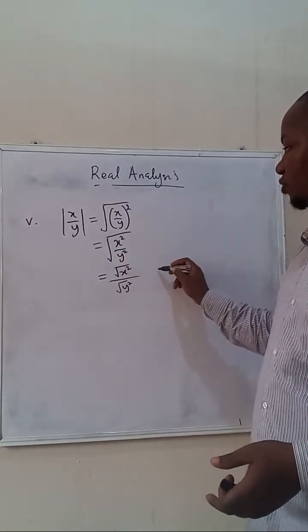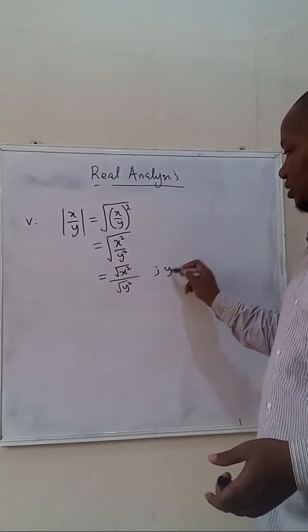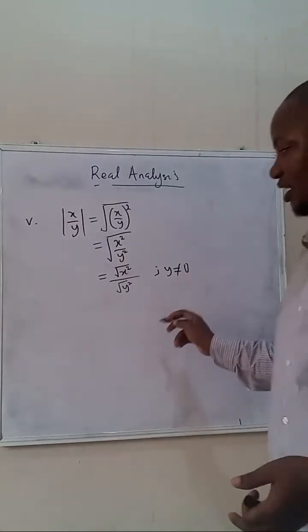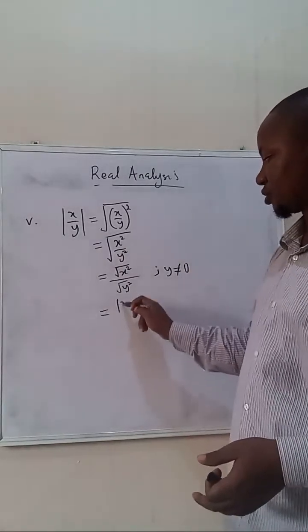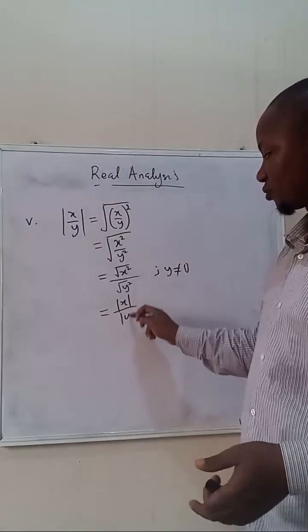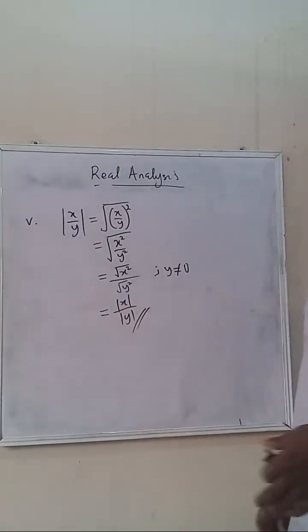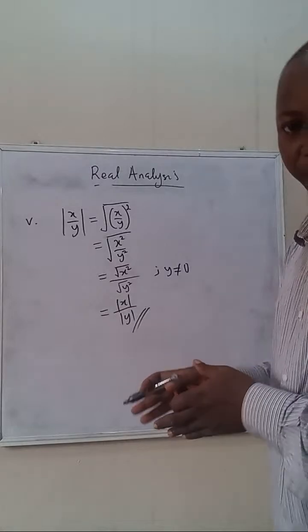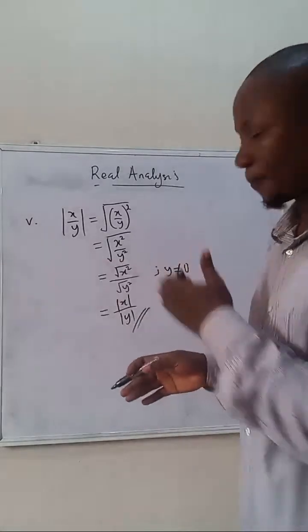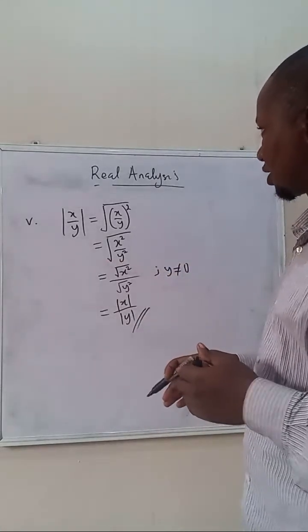But this must come with the property that y is not 0. I think we have said that earlier. And of course, if y is not 0, this is possible. This is how we prove that also.